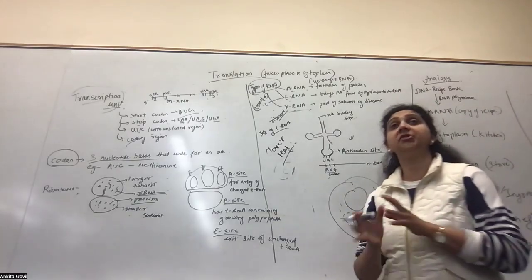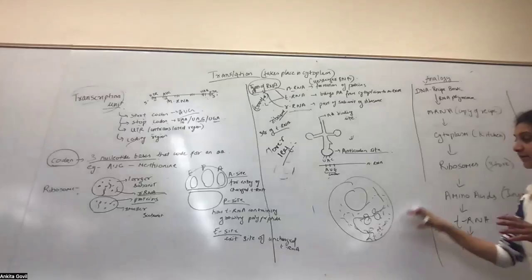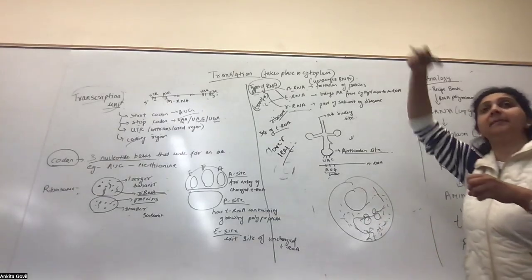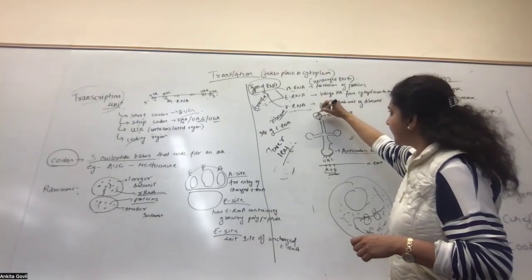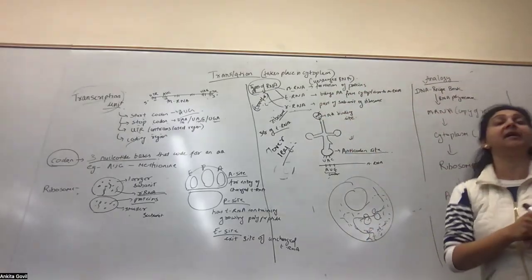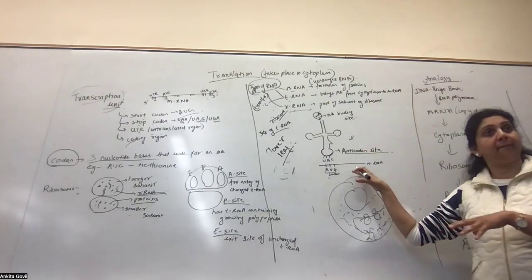Now, how is it going to search? So it goes and searches in the whole cytoplasm, brings the methionine amino acid on its arm like this. It carries the methionine amino acid in its arm and brings it to the mRNA.